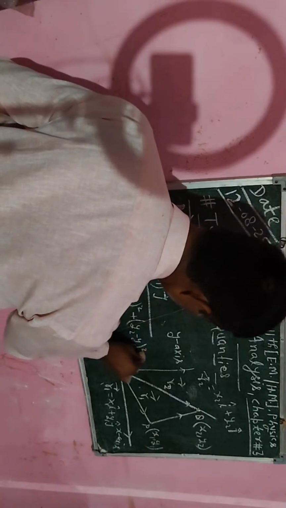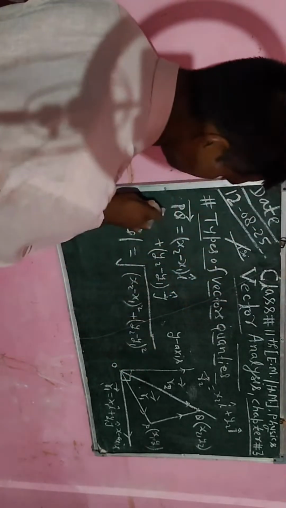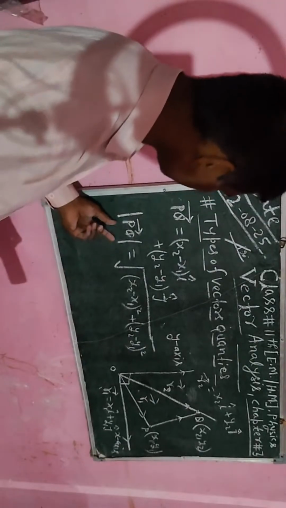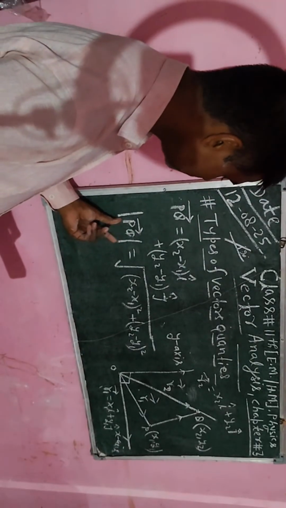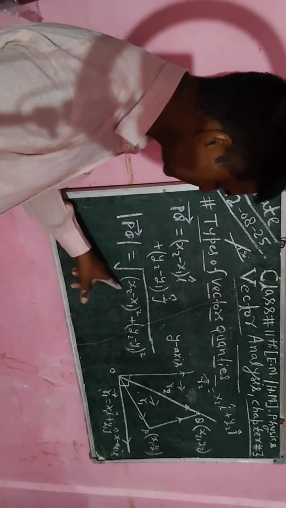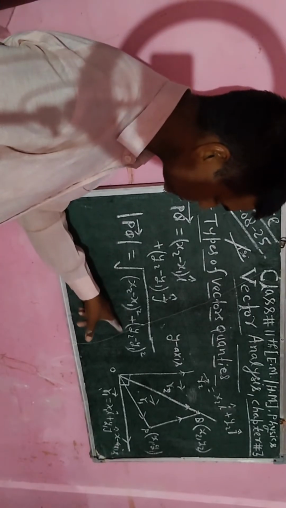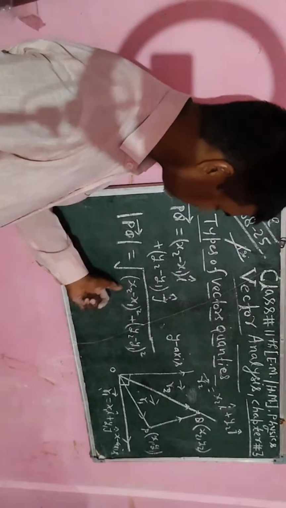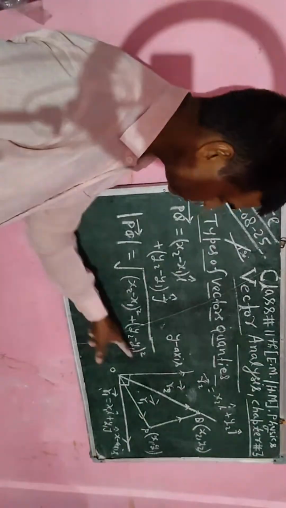This is the magnitude of the vector PQ. So the magnitude of the vector PQ is equal to the square root of x2 minus x1 whole square plus y2 minus y1 whole square.